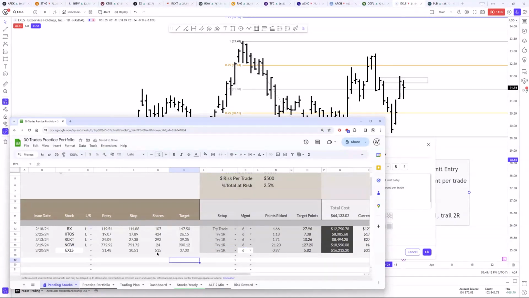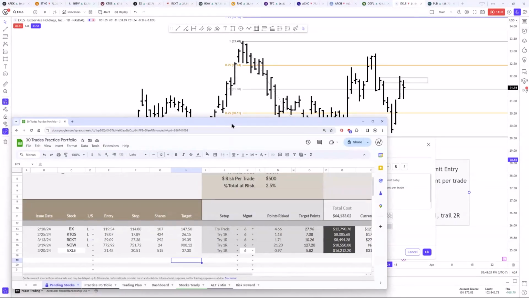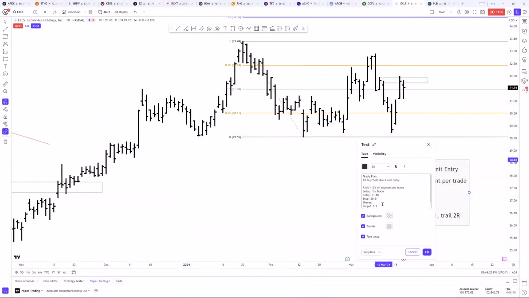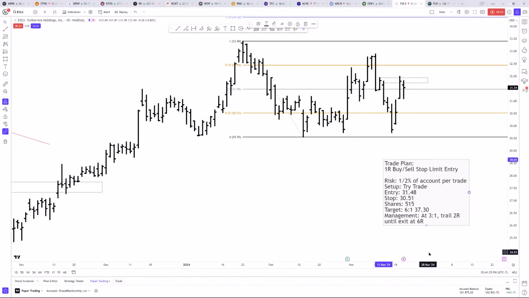So we're going to need 515 shares. We're risking this much to make this much, and our target is that. So let's go ahead and put that in here. 515 with a target of 37.30. And that's it.